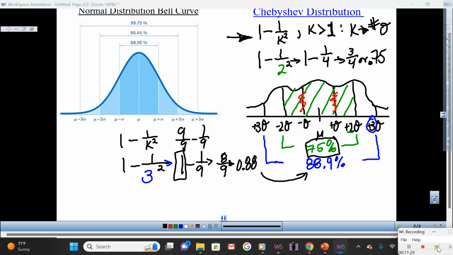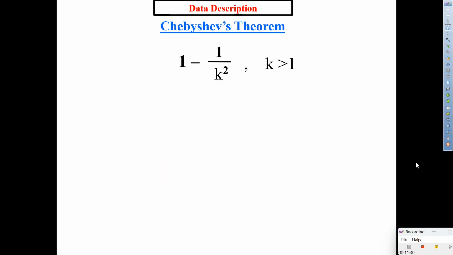All right, I'll give you some time to copy that. All right, so Chebyshev's theorem says 1 minus 1 over k squared, where k has to be greater than 1. Once again, remind your neighbor what k stands for. What does k stand for? Yeah, the number of variation, yes? And we start, usually, from number 2.